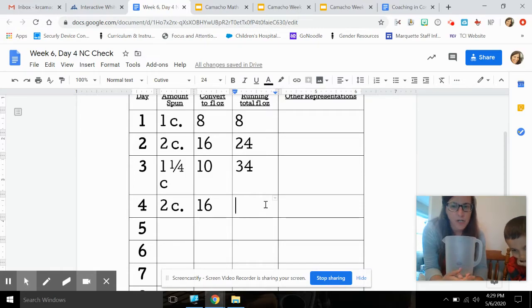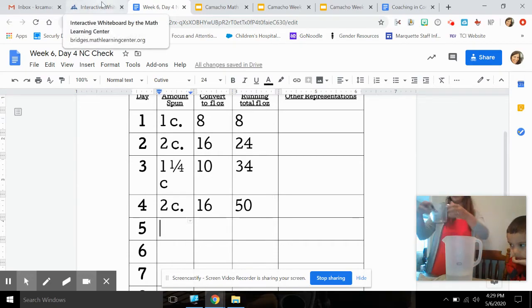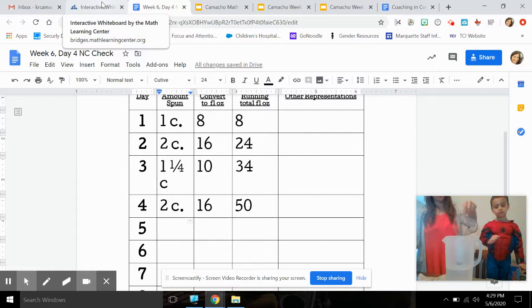So I'm up to 40, plus 10 more is 50. All right, 2 more cups, Wyatt. Here we go. Filling it up to the 2 cup mark. All right, dump her in. Oh, we are getting really close to spilling.